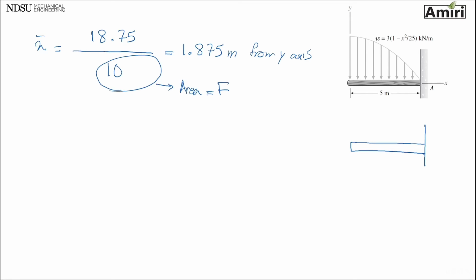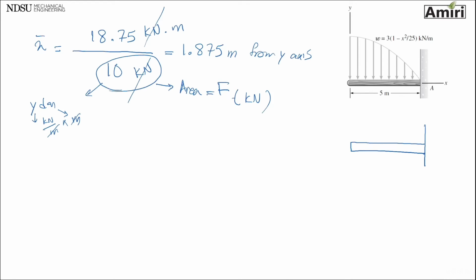Kind of got lost in having area. So the area that we have here is going to be kilonewton meters. Looks weird because it looks like a unit of moment. And here we're going to have a kilonewton because it's y dx. Y is kilonewton per meter, dx is meter. When you multiply those, you get kilonewton. Because it's a force, it has units of kilonewton. Okay. All right. Now we're okay.